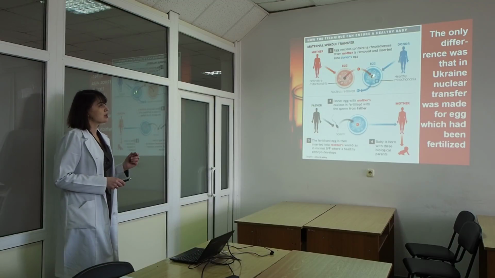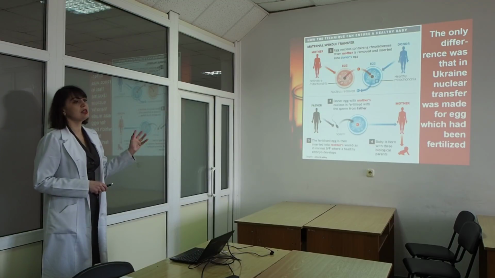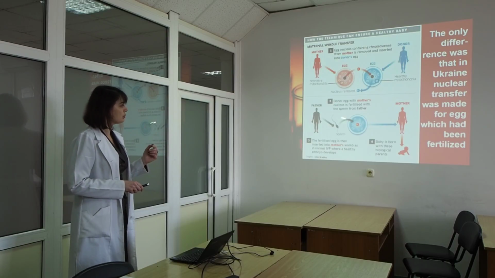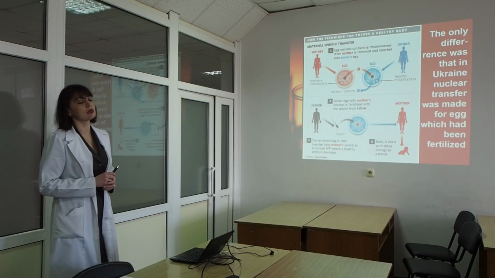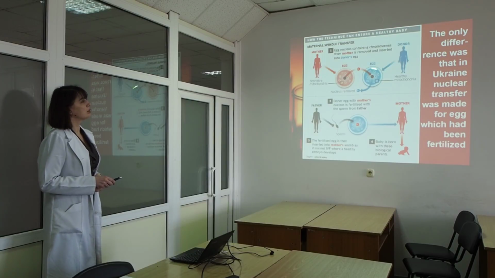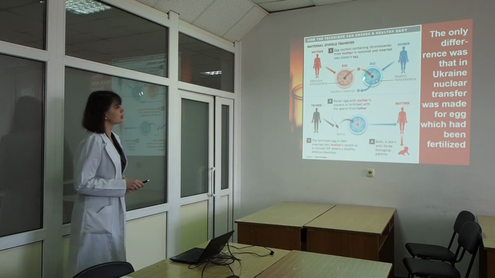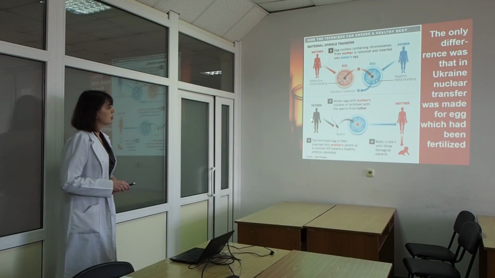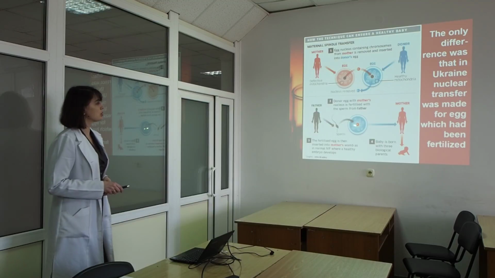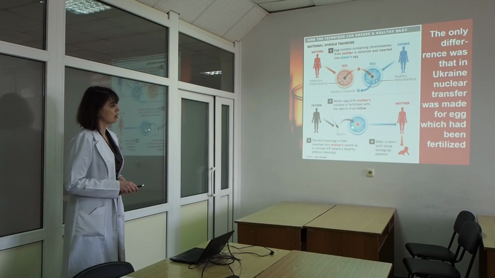The egg was fertilized before, as far as I understand, and then this fertilized nucleus was removed, and in this cytoplasm they introduced a nucleus and sperm and fertilized it again. Mother 1, the donor woman with an egg with healthy mitochondria, and you see that the donor egg with the mother's nucleus is fertilized with the sperm from the father.